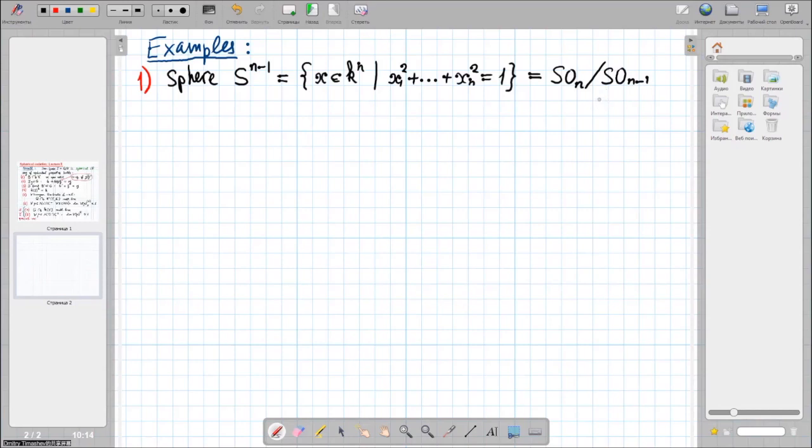So let's check that the sphere given by this equation is spherical in our sense, in the sense of the definition which I gave in the previous lecture and which was on the previous slide.